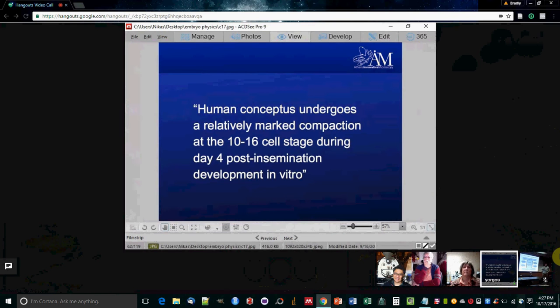So from this study, we concluded that the human embryo undergoes a strong compaction at the 10 to 16 cell stage on day 4 post-insemination in vitro. In vivo, the knowledge is so poor that you cannot tell anything. Which is a pity, now that we need a lot more information about what happens in vivo, because we interfere and we do in vitro fertilization.